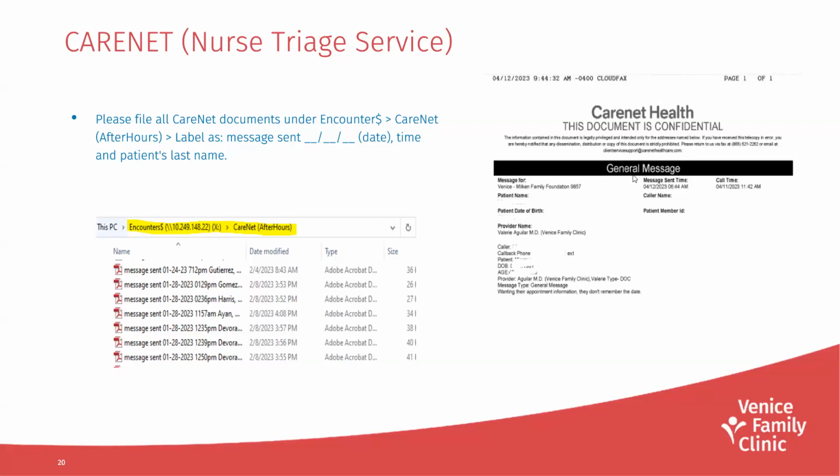For example, this one you would put as message sent, and it was sent 4/12/2023. And then you would put the patient's last name. We took off the patient's name because of HIPAA, but when you file it, you will put the patient's first and last name.